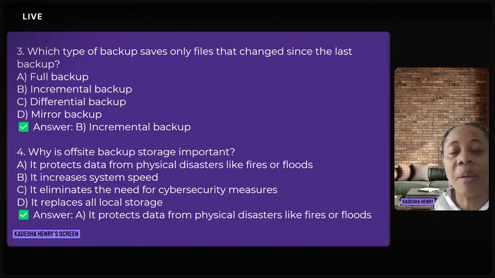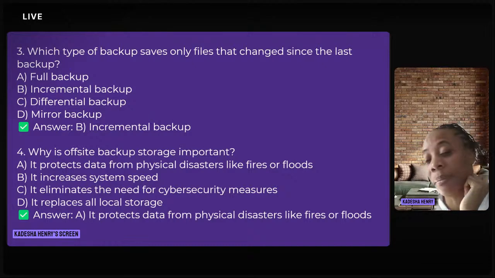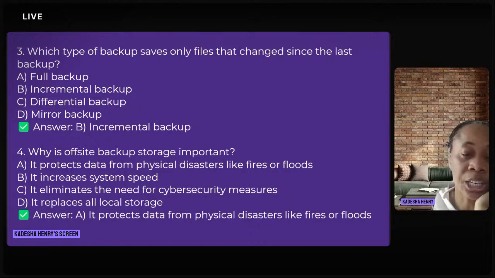Why is offsite backup storage important? It protects data from physical disaster like fire or flood. It increases system speed. It eliminates the need for cybersecurity measures.